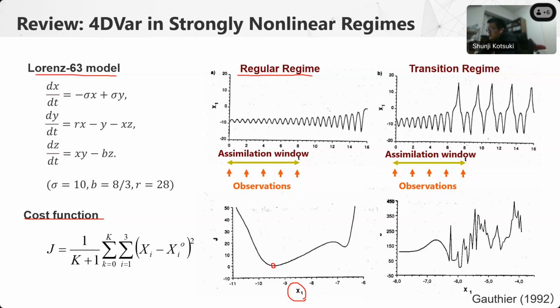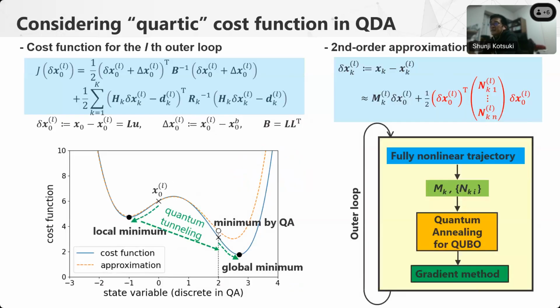And we thought we could use quantum tunneling for finding the optimal solution for such a problem. For such a purpose, we propose considering the chaotic cost function in quantum data simulation. Again, this is the cost function of 4D-Var, and there is the analysis increment at a time slot.